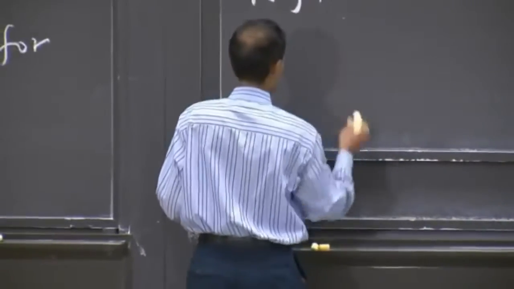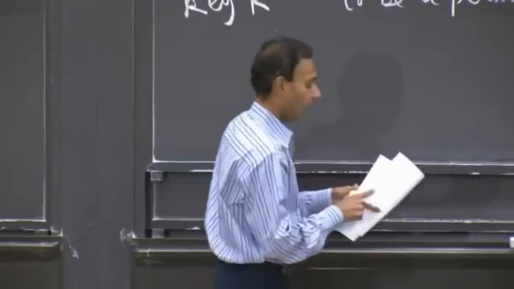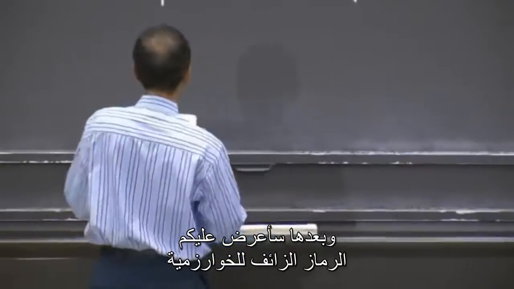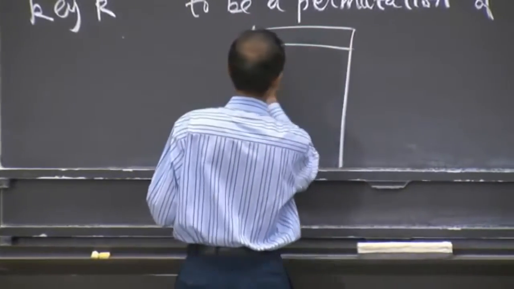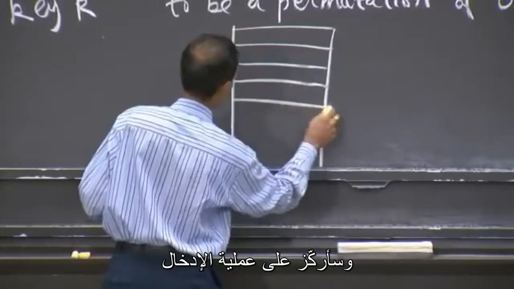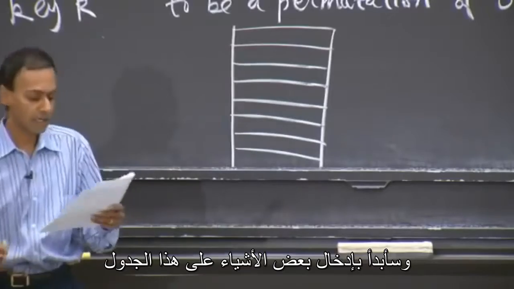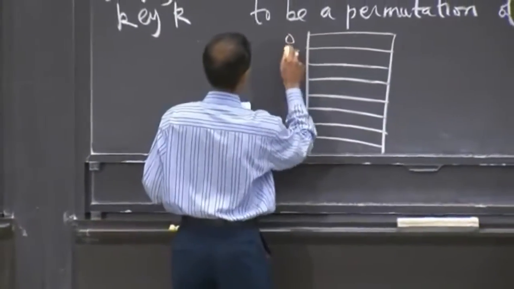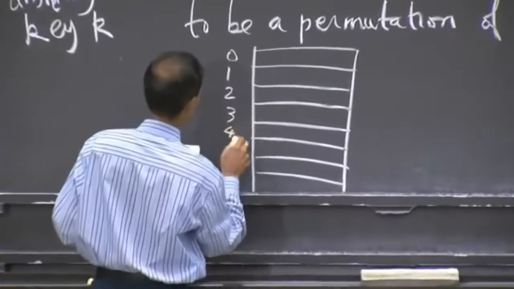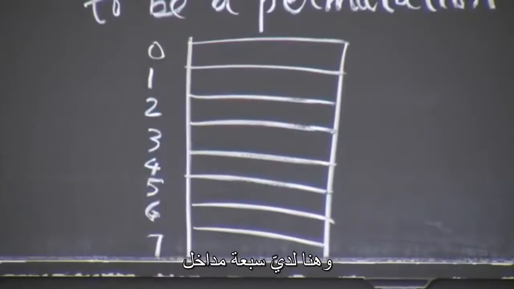So maybe the easiest thing to do is to run through an example, and then I'll show you some pseudocode. But let's say that I have a table here, and I'm going to concentrate on the insert operation, and I'm going to start inserting things into this table, and right here I have 7 slots.